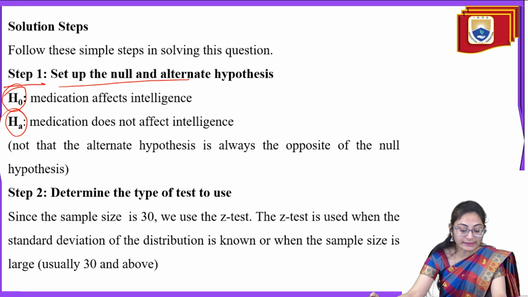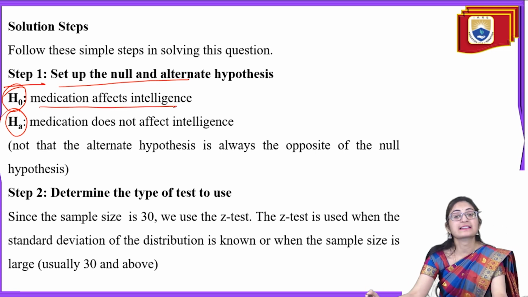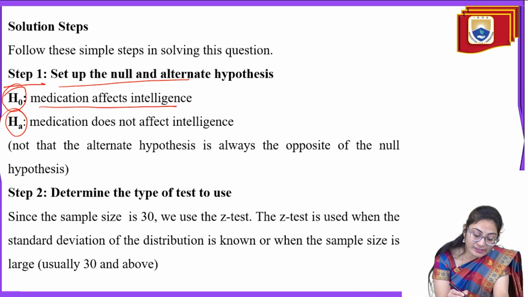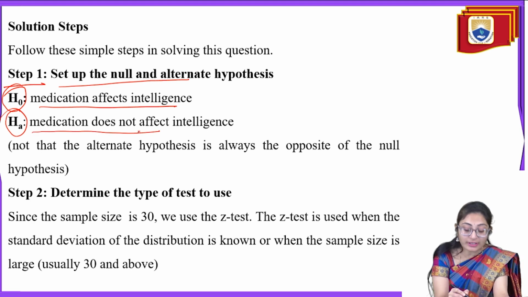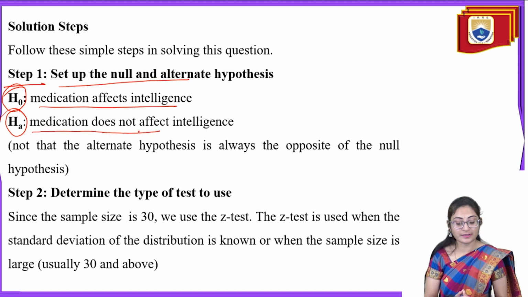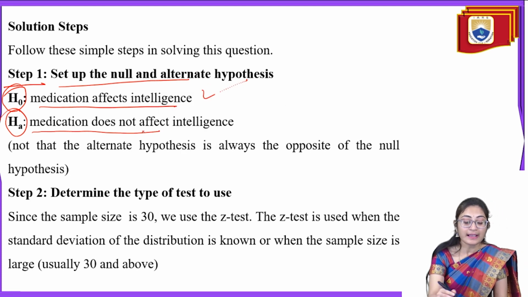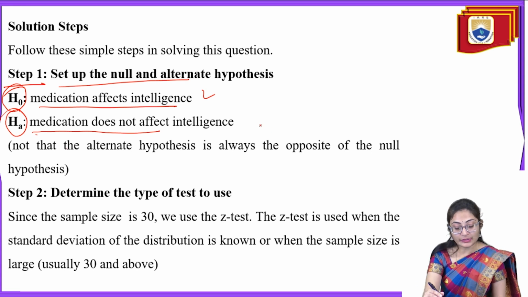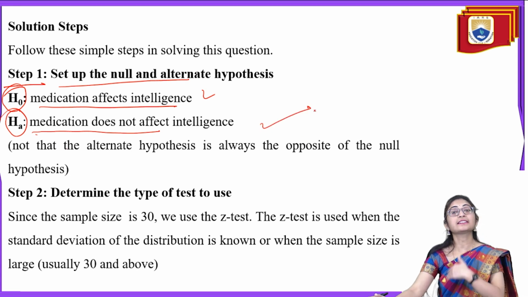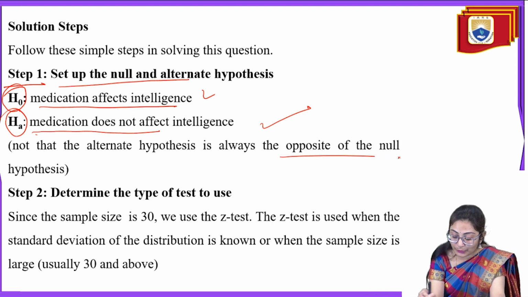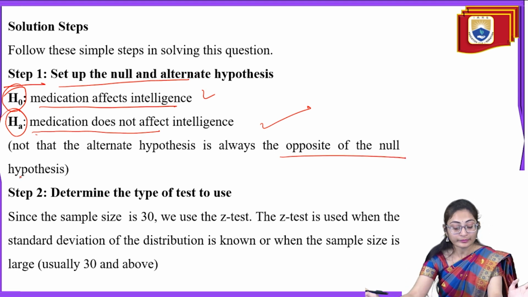Here we assume H naught as: medication affects intelligence, and HA: medication does not affect intelligence. Note that the alternate hypothesis is always the opposite of the null hypothesis.